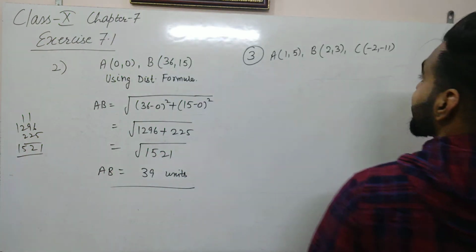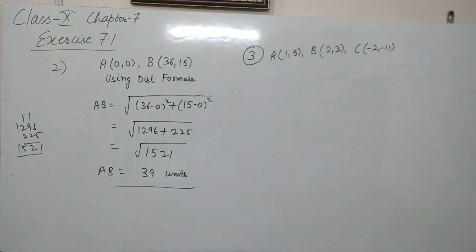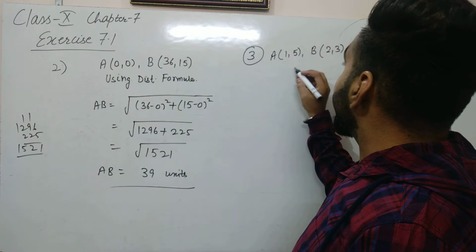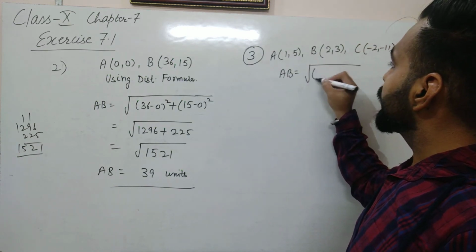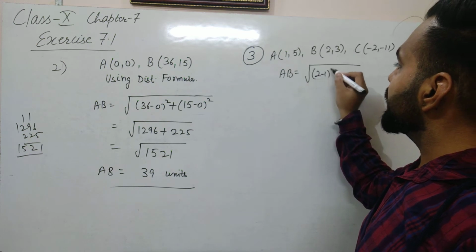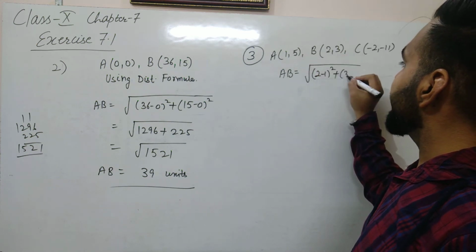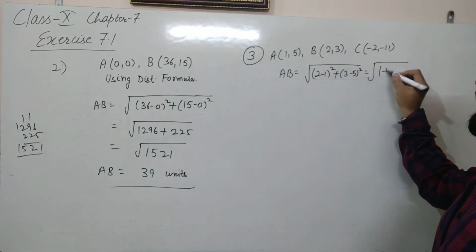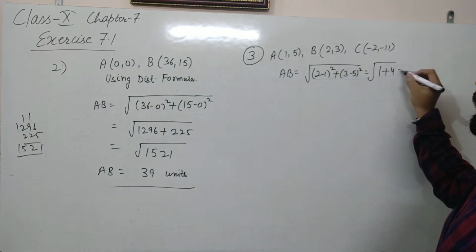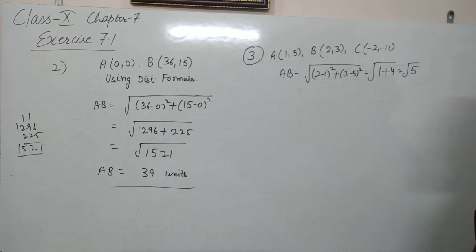So now we will find the distances here. So find the distance AB, BC and CA. Find AB first. AB will be root of (2 minus 1) square plus (3 minus 5) square. So this is 1 plus 4, that is root 5. Clear?